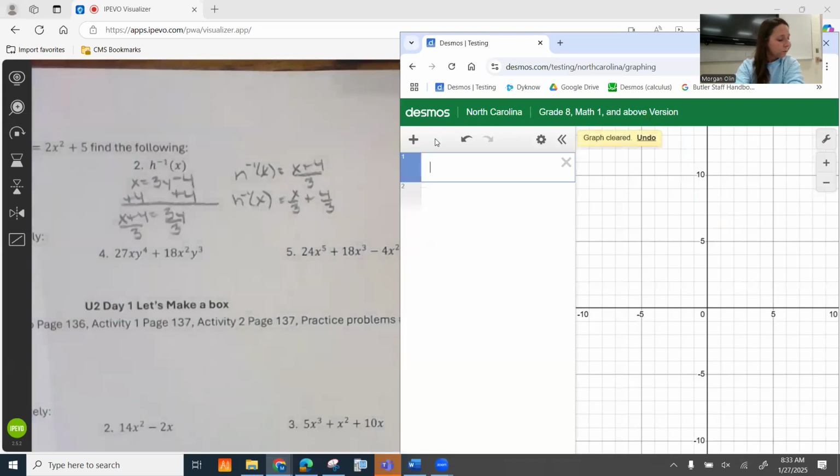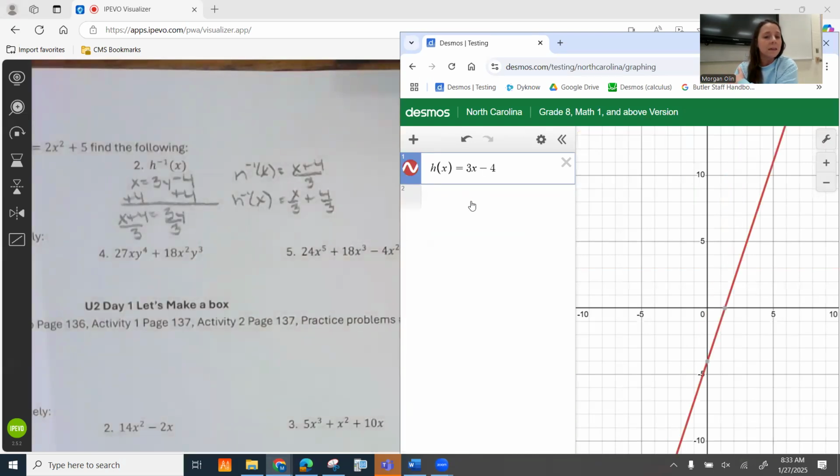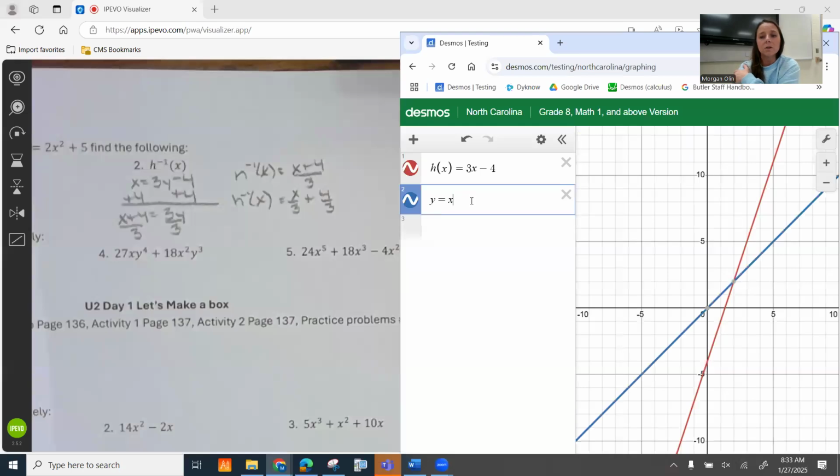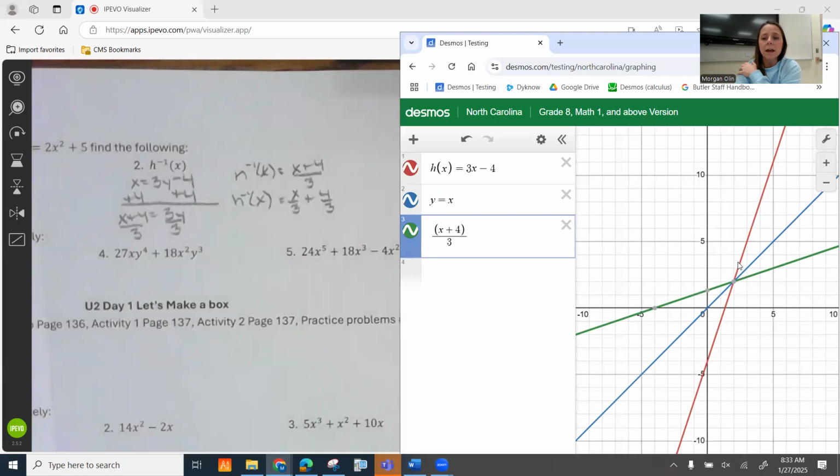Clear everything out. Put h of x in. h of x equals 3x minus 4. And then remember, it reflects over the line y equals x. So when I plug in my answer, I'm going to plug in x plus 4 in parentheses and then divide the whole thing by 3. Does it look like it reflected over that blue line? And it did. The line y equals x.